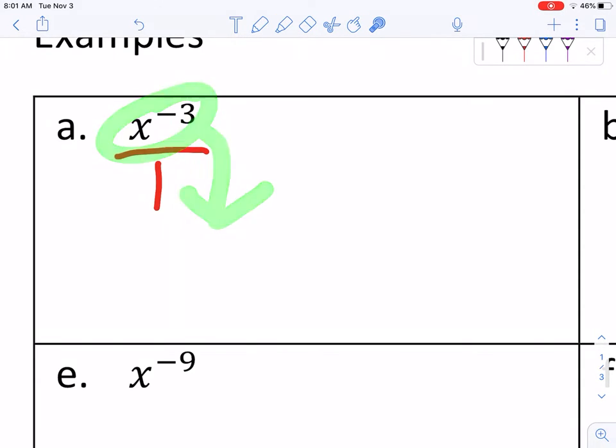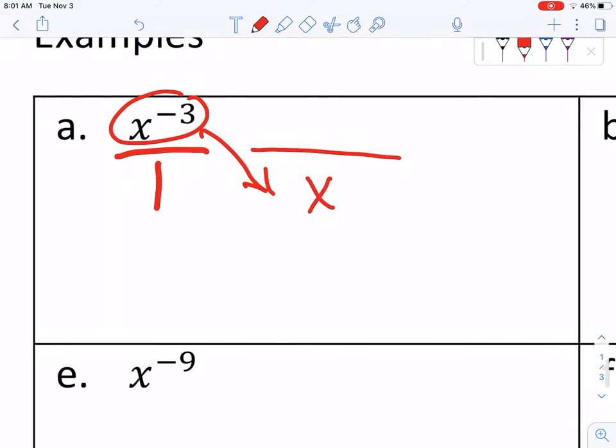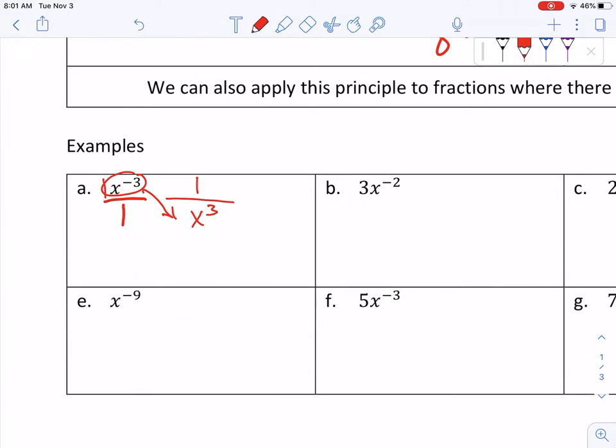So I need to move it to the denominator. So if I take this x to the negative third and I move it down here, it is now positive. It's now happy because it's moved to the right place. And then I'm not necessarily moving this 1 up because this is 1 over 1, but I do need to put a placeholder there if I have nothing for my numerator.